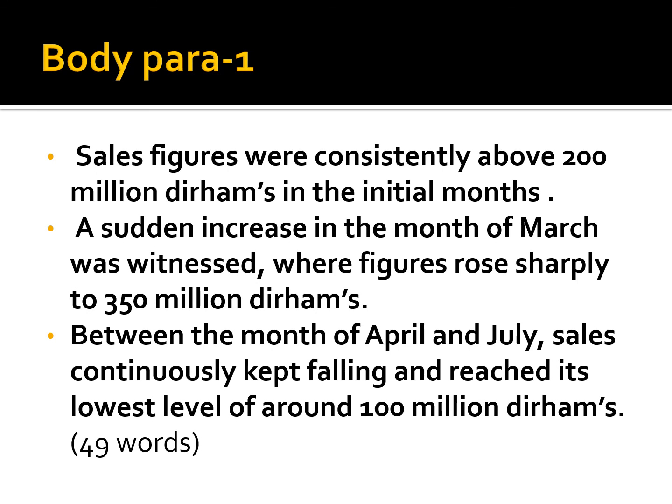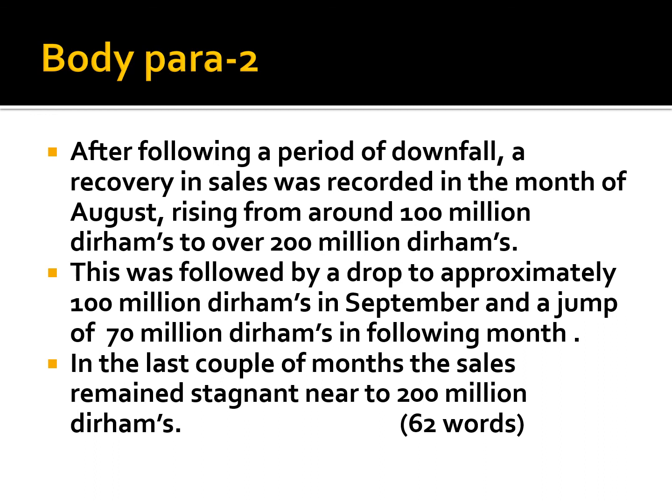Let's move towards your next paragraph. Our next detailed paragraph starts like this. After following a period of downfall, a recovery in sales was recorded in the month of August, rising from around 100 million dirhams to over 200 million dirhams. Now let's just quickly check our next sentence.